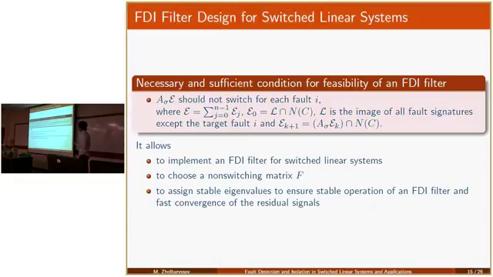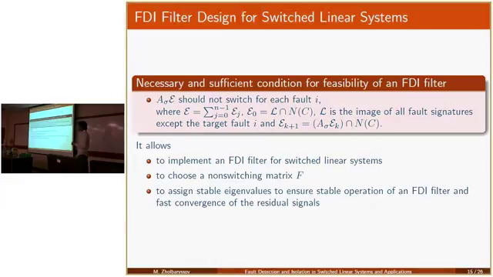Basically the matrix A sigma epsilon, where epsilon is a matrix which is computed recursively by the algorithm described in the early paper on geometric control, should not switch if we would like to implement our filter.